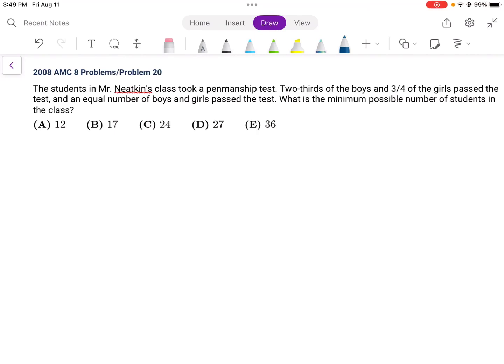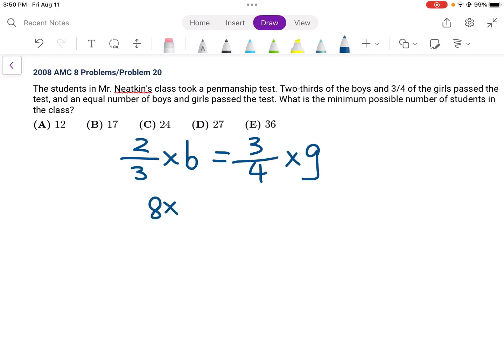Problem 20. Because 2/3 of the boys, we use B for the number of boys, equals 3/4 of the girls. So we get this equation, and then we simplify it. We can get 8 multiplied by the number of boys equals 9 multiplied by the number of girls.